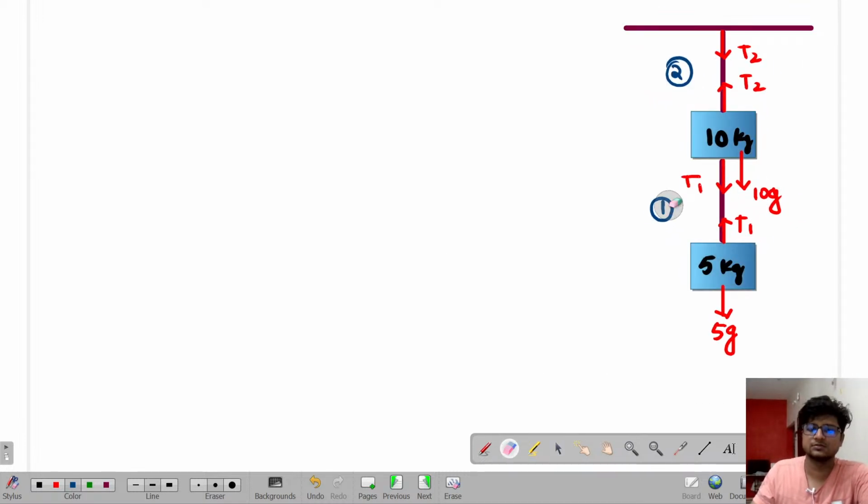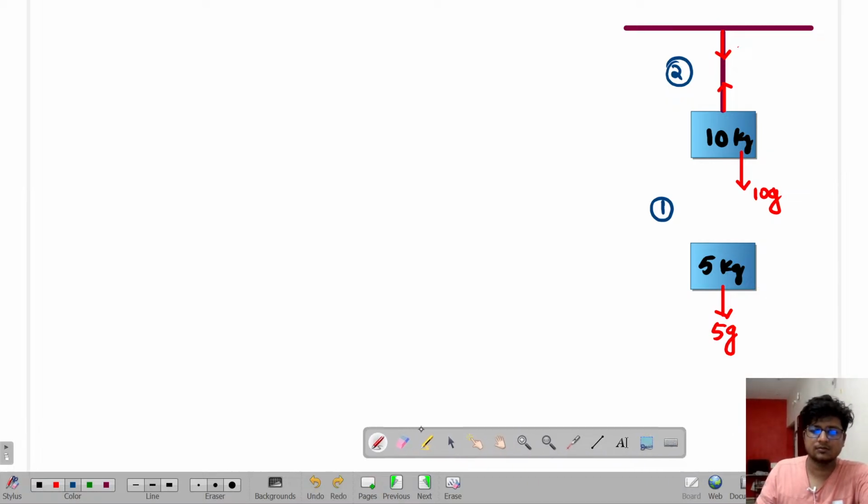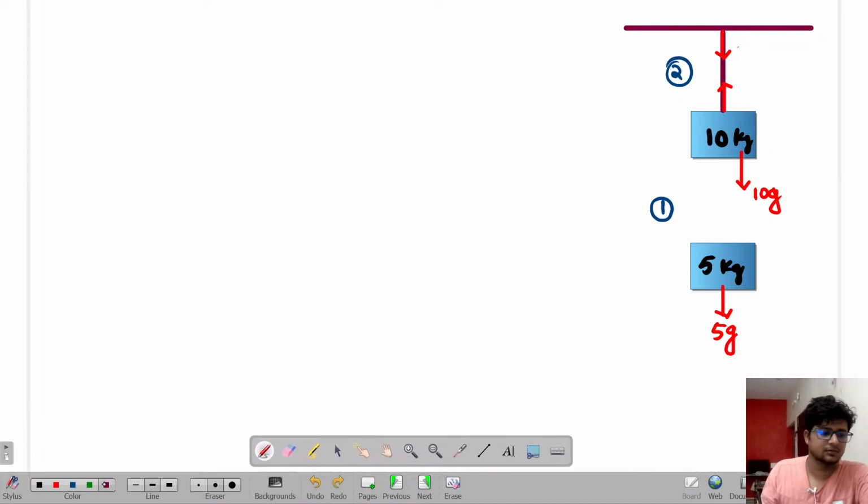If I just replace this with a spring, then what will happen?